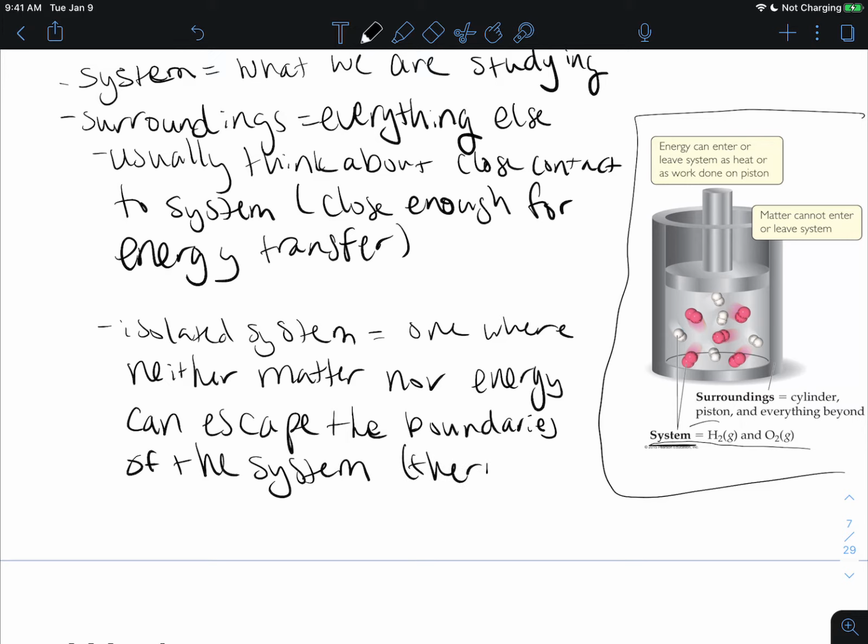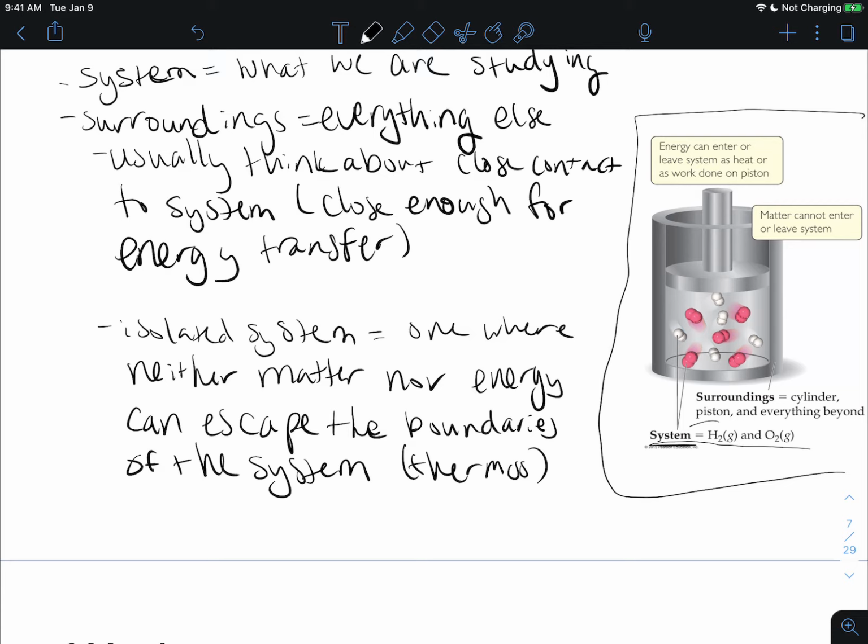A thermos is an attempt at this, but isolated systems don't really exist because it's impossible to completely isolate the energy. But we can kind of think about isolated systems and apply the theory to a lot of things we're going to be looking at. Anyway, so this is a non-isolated system.